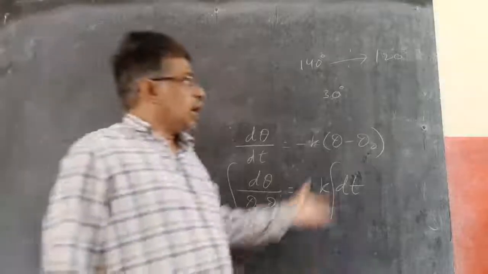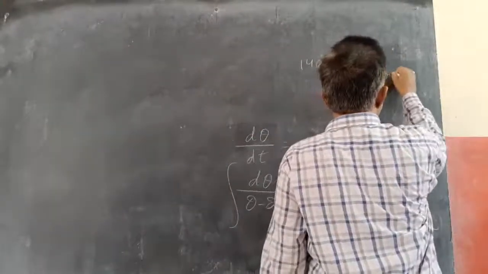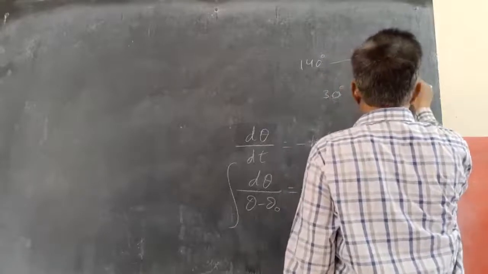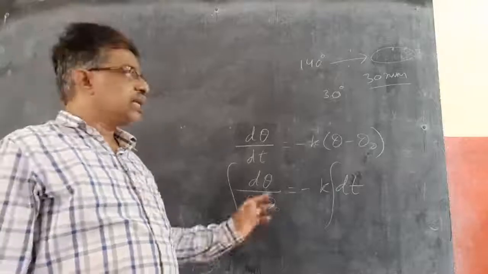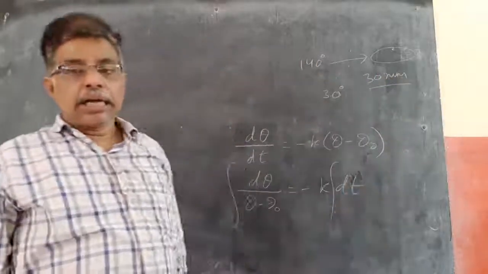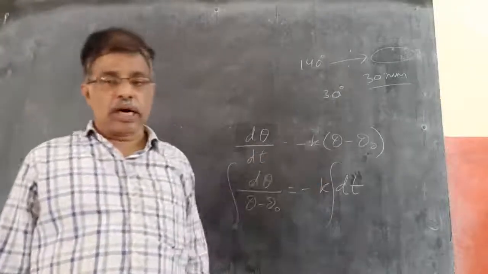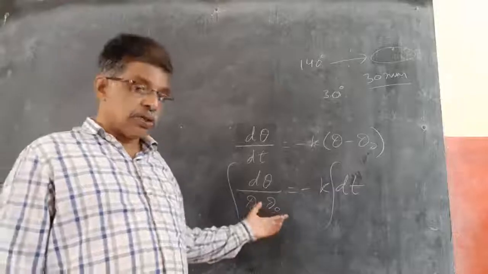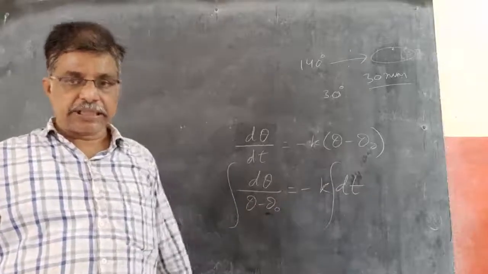Or if the time is given, say 30 minutes, you can find what the temperature will be. You can change the question like this. In heat, this is called Newton's law of cooling, which you already know from physics. In such physics experiments, we use differential equations.